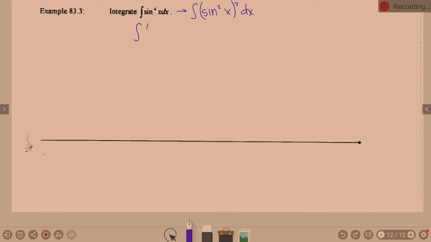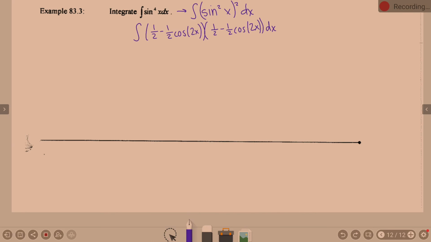So I'm going to have 1/2 minus 1/2 cosine 2x. And again, this is where you could write squared if you want. Or I'm just going to say times 1/2 minus 1/2 cosine 2x dx.